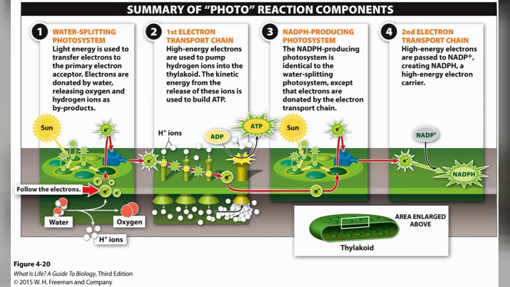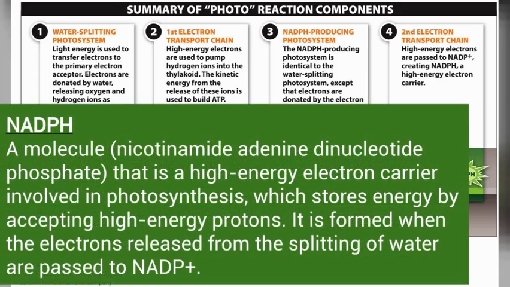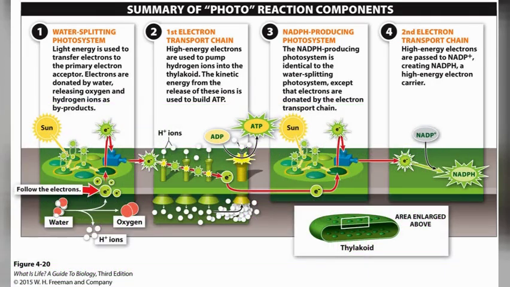This electron acceptor then passes the electrons to a second electron transport chain. At the end of this second electron transport chain, the electrons are passed to a molecule called NADP+, creating NADPH, a high-energy electron carrier. NADPH is the second important product of the photo portion of photosynthesis.